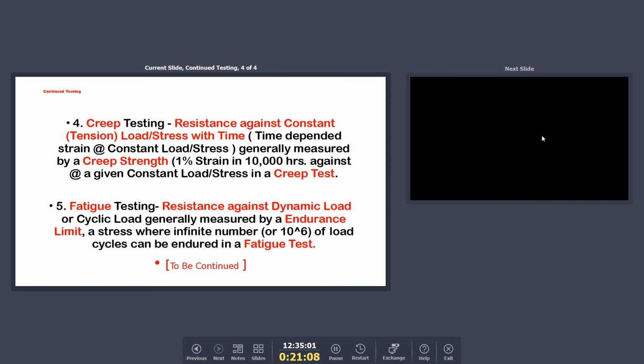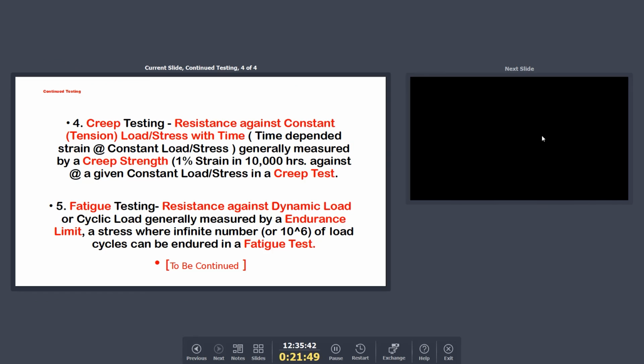That is, if we keep the stress at a low level compared to the tension test, the moving part can run an infinite number of cycles. Or we generally use 10 to the power 6 cycles as the life cycle of a member. This can only be found out by fatigue testing.